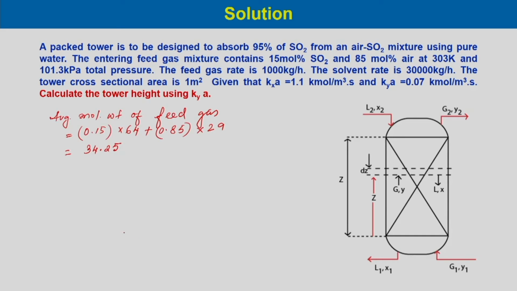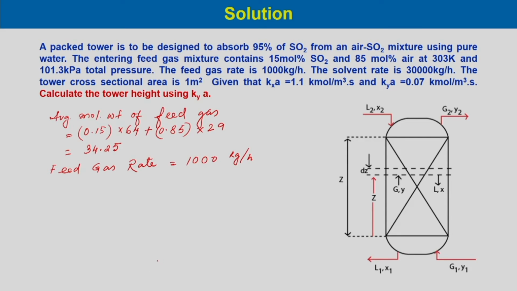Now, we need to calculate the feed gas rate, which is given as 1000 kg per hour.